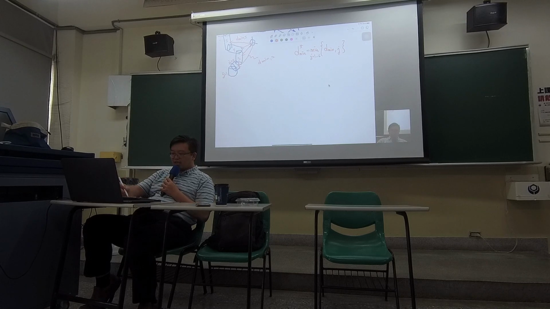We can view this whole thing in another planar way. This is the radius, this is the axial direction, and I can draw something like this. This is basically Rj.